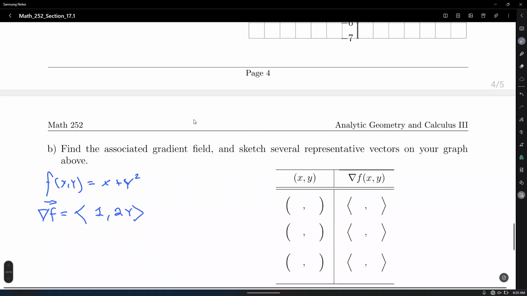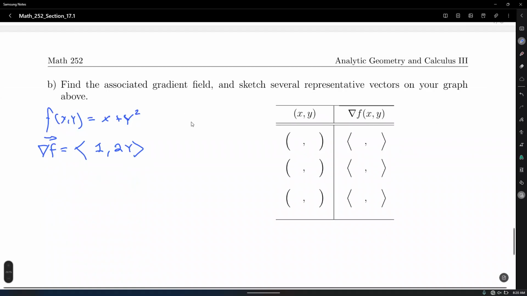Okay, so we need to sketch some vectors. In this case, I'm not just going to do random points. I'm going to give you some points that are on the graphs of these sideways parabolas we just plotted by hand: 4, 0, then 3, 1, and 0, 2. Let's get the associated vectors.